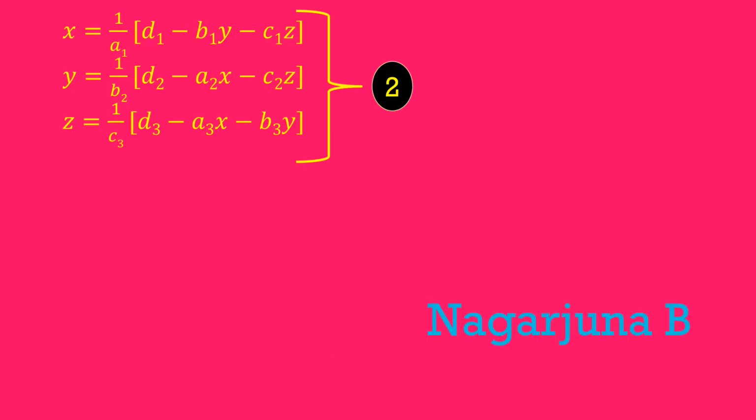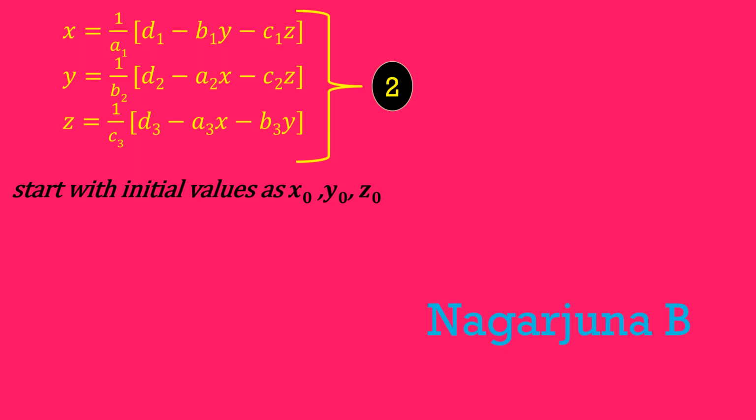Consider the second set of equations, equation 2, and by considering this one, we start with the initial values x0, y0 and z0. These initial values will be given in the question. If they have not been given in the question, you need to consider x0, y0 and z0 as 0, that is 0, 0, 0 for x, y and z.